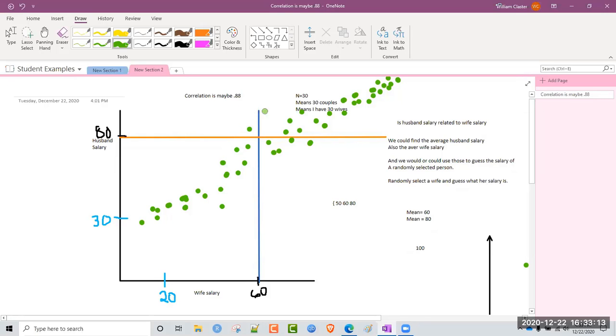What we said is, we can divide this up into quadrants. So I'll call this quadrant 1, this quadrant 2, this quadrant 3, and this quadrant 4.